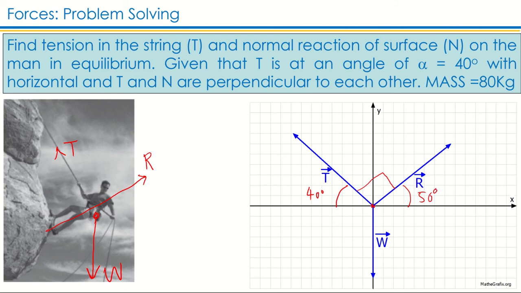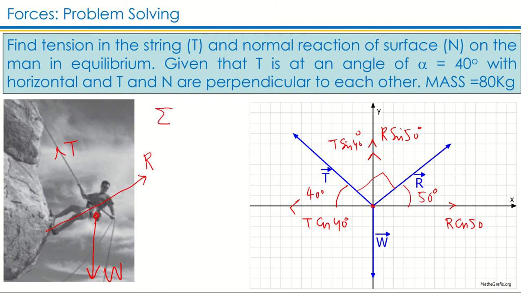So now this problem could be solved by dividing T and R into the components. So I can say R cosine 50 and R sine 50. Similarly, T cosine 40 and T sine 40 degrees. So we can write two equations, one along x, one along y.